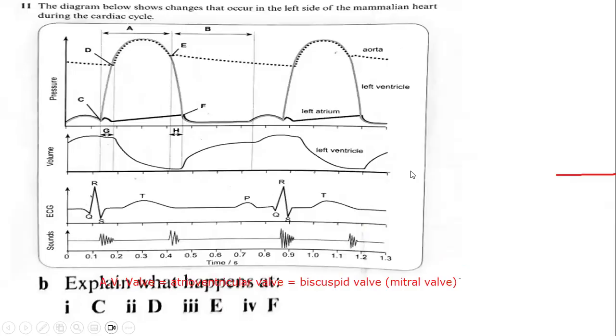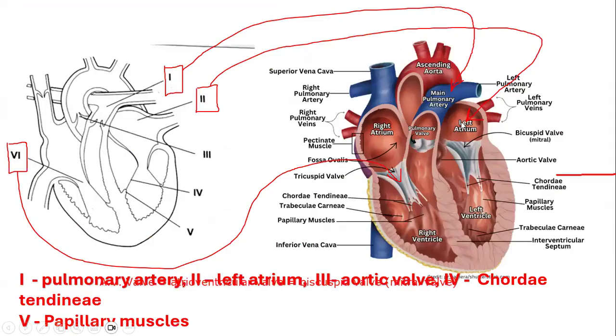So remember your heart: whenever the ventricular pressure is bigger than the left atrium pressure, this is going to close. Whenever the left atrium pressure is bigger than the left ventricle, this is going to open. Whenever the ventricle pressure is higher than the aortic pressure, the aortic valve is going to open.